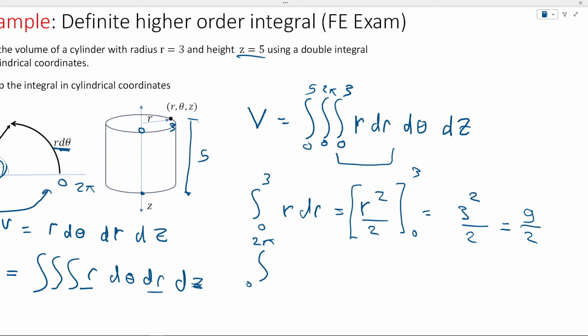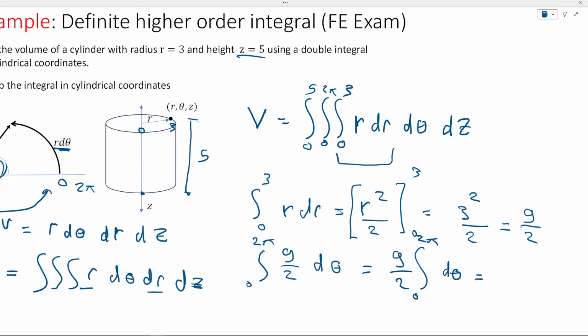I can include this constant, it doesn't hurt: 9 over 2 d theta.